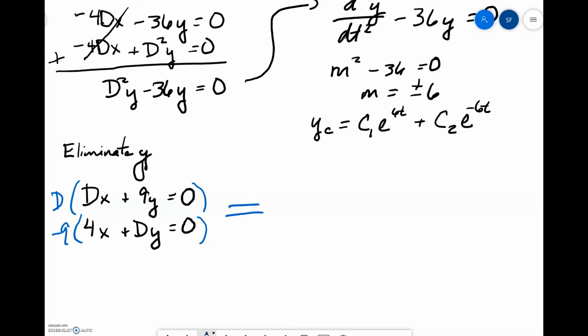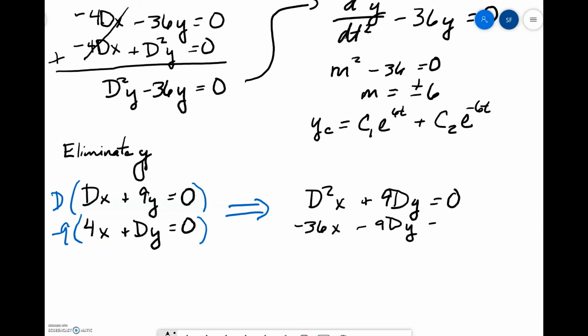So when we do that, we now have a second derivative of x plus 9 times the derivative of y equals 0. And the bottom equation becomes negative 36x minus 9 dy equals 0. So again, this time your y cancels out, and you have left a second derivative of x minus 36x equals 0.